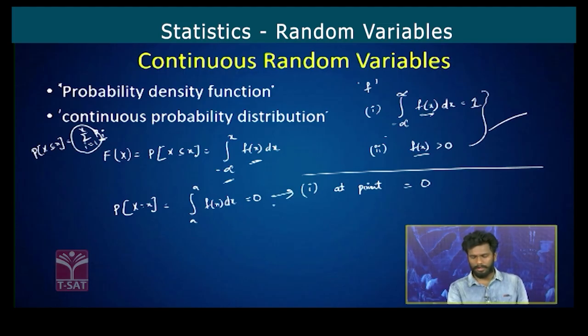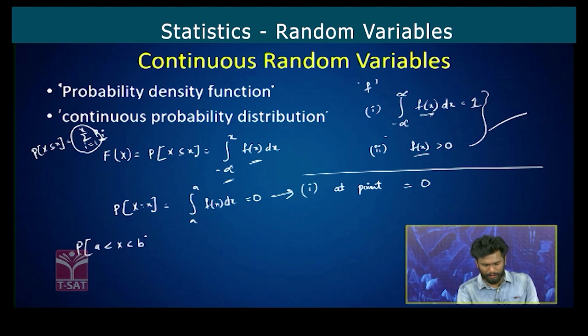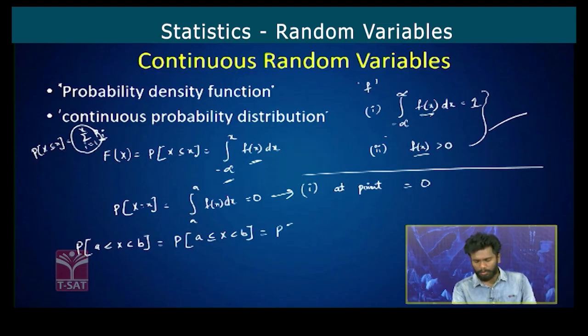That shows that the probability at any single point in a continuous probability distribution is equal to 0. Similarly, P of a less than or equal to x less than or equal to b will be equal to P of a less than x less than b, because the probability at any single point is equal to 0.